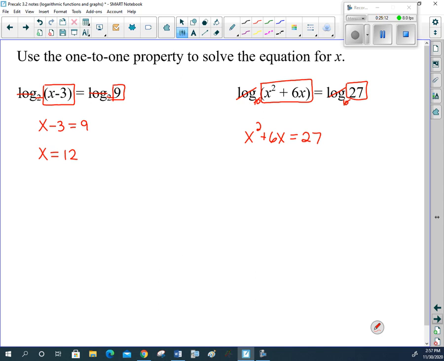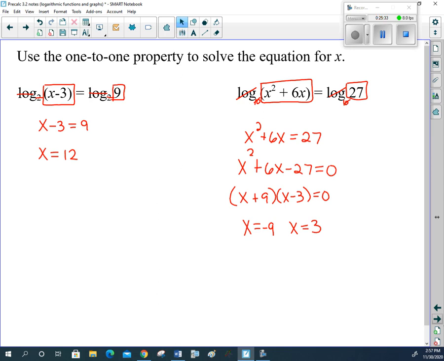It's quadratic, so to solve it, you say x squared plus 6x minus 27 equals 0. Factor that, and you get x plus 9 and x minus 3 equals 0. So x equals negative 9 and x equals positive 3. One of these answers doesn't work. The negative 9 doesn't work.